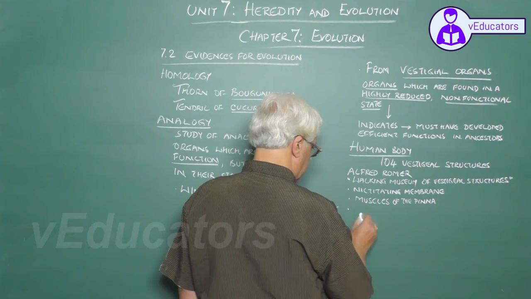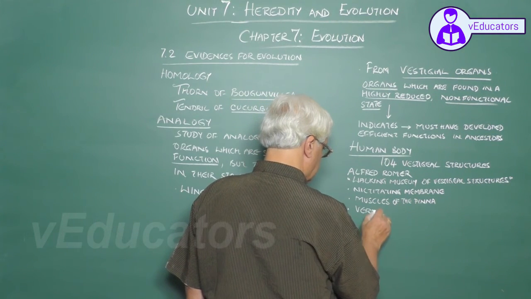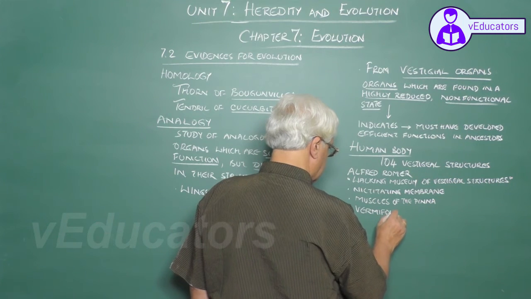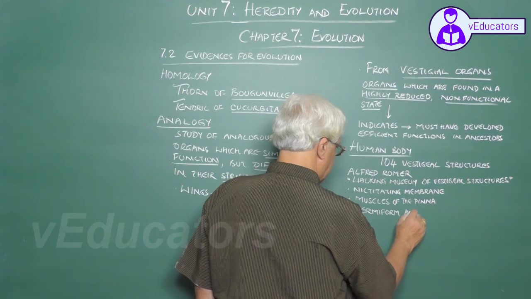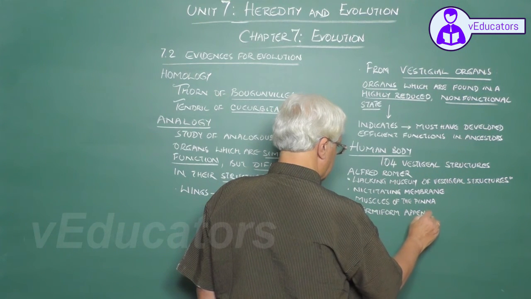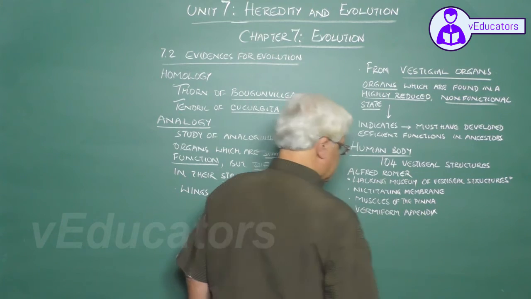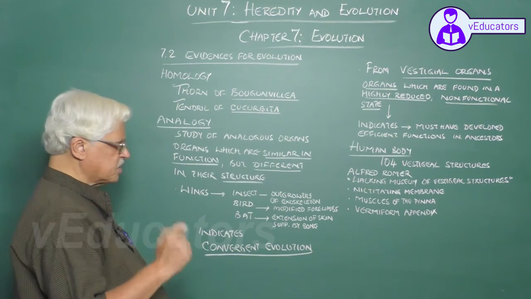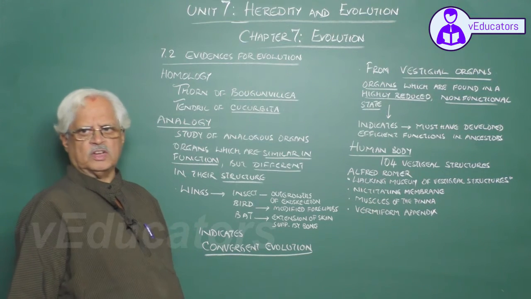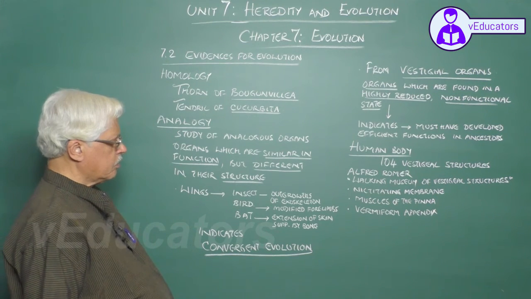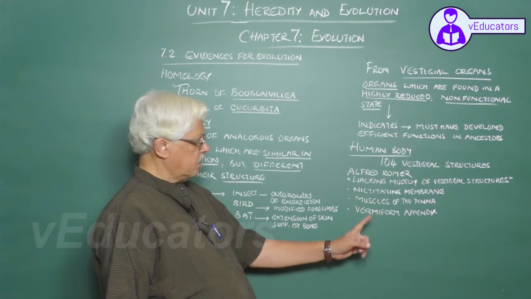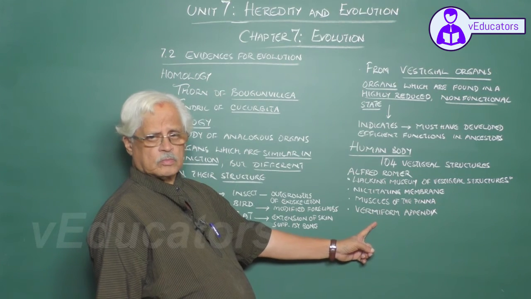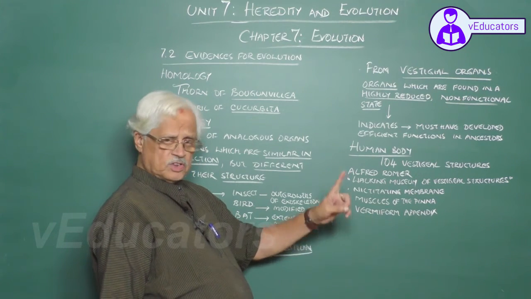Similarly, there is a finger-shaped structure present at the junction of the small intestine and the large intestine. It's called vermiform appendix. It is also an example of a vestigial structure.